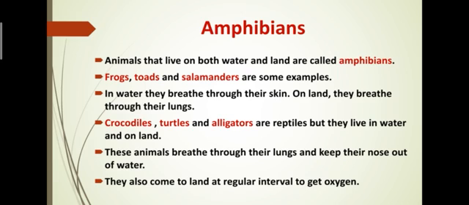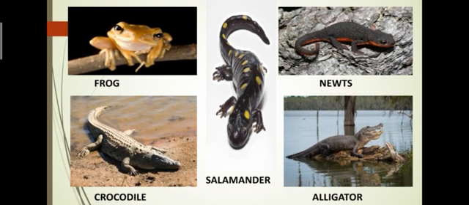The crocodile, turtle, and alligators breathe through their lungs and keep their nose out of water. They also come to land at regular intervals to get oxygen. Frogs, salamanders, newts, crocodiles, alligators are the examples of amphibians.